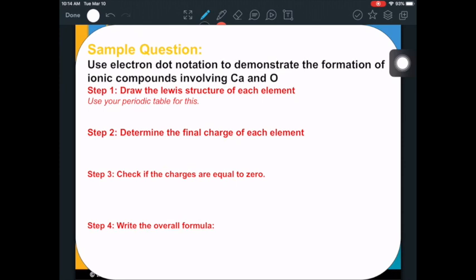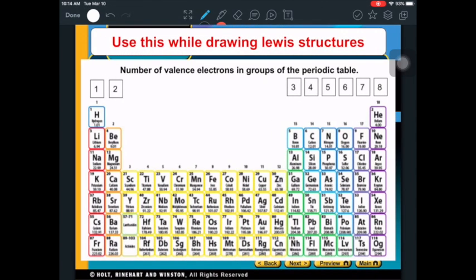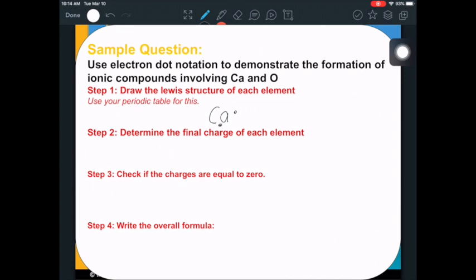So I'm going to draw it like this. 1, 2. And then I'm going to go find oxygen. Oxygen right here has 6 valence electrons. 1, 2, 3, 4, 5, and 6.